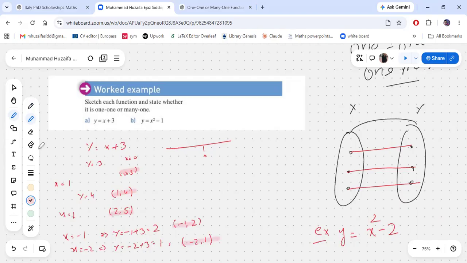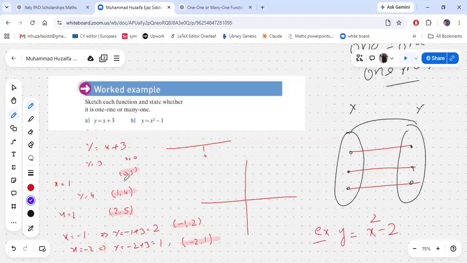Okay, now we are moving to sketching the functions. Sketch each function and state whether it is one-to-one or many-to-one. So first, our demand is that we want to construct the function's graph. For the graph, we want to find the ordered pairs.